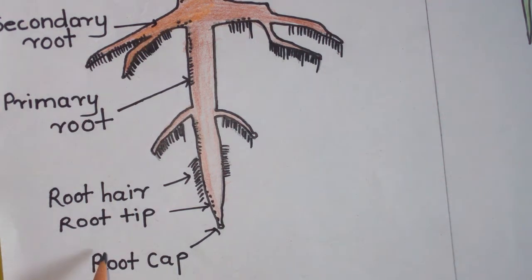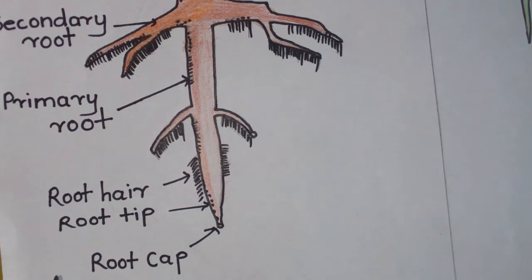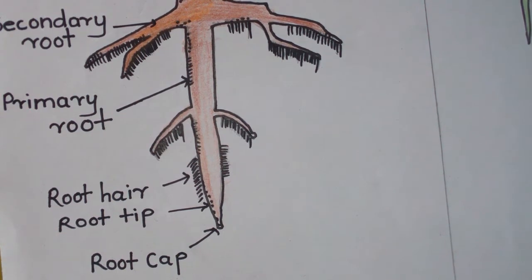And the main function of the root is that it absorbs the water and minerals from the soil, as well as gives support to the plant. All of you understood?